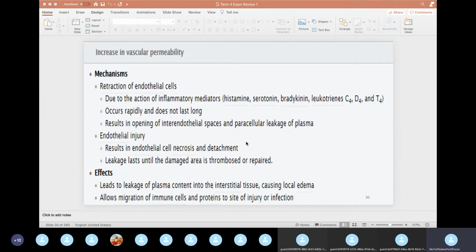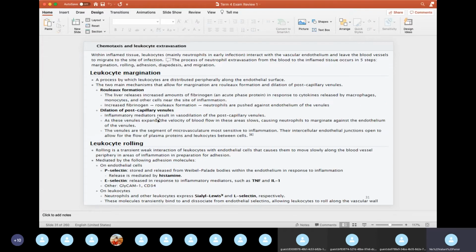So what happens here? Increase in vascular permeability. You have leakage of plasma content into the interstitial tissue, causing edema. But also, this allows your immune cells to go to the site of injury or your infection. In acute inflammation, you also have some chemotaxis and leukocyte extravasation.